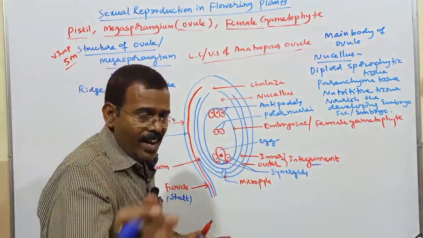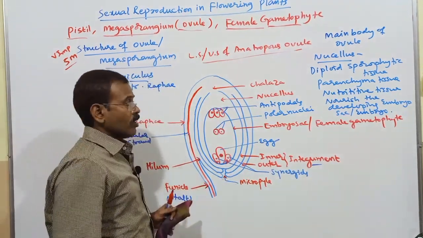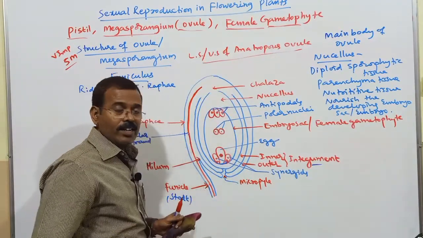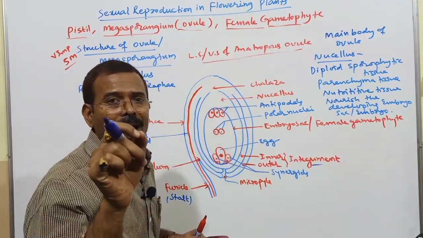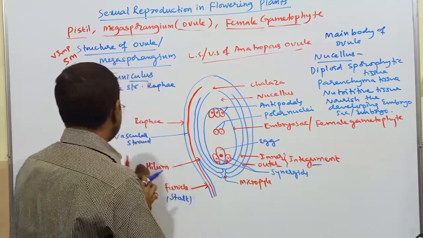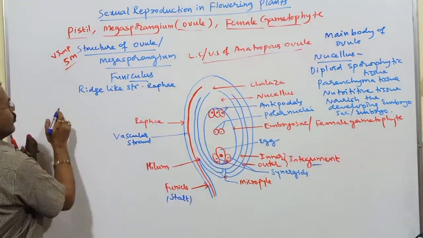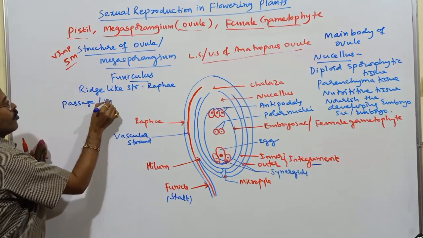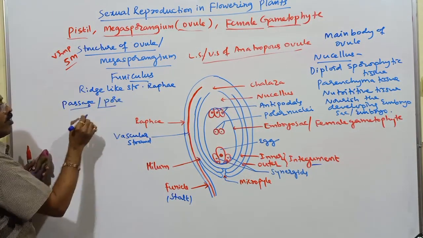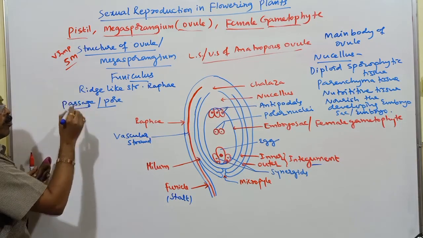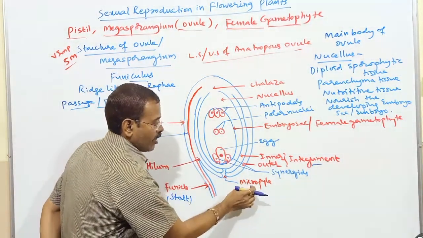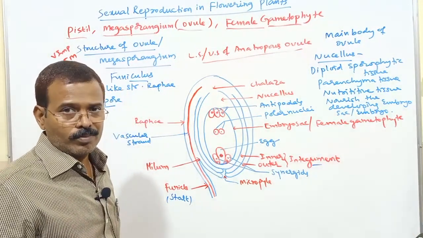At the anterior end, it leaves a small passage or pore, that we call micropyle.